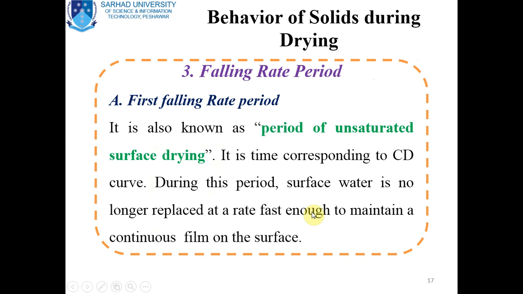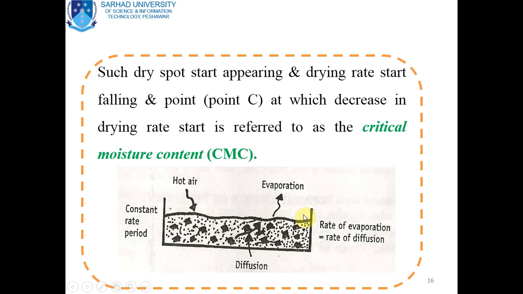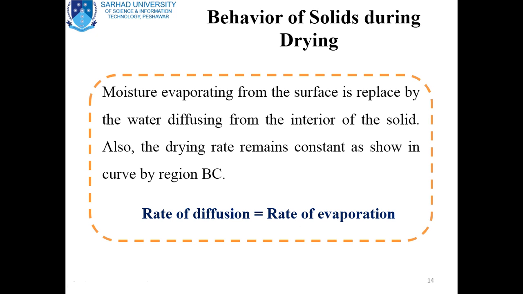But in the previous period, you can see the continuous film formation at the evaporating surface, and the contents from the interior travel by diffusion in order to maintain a continuous, uniform film on the evaporating surface, and that is in the second phase.